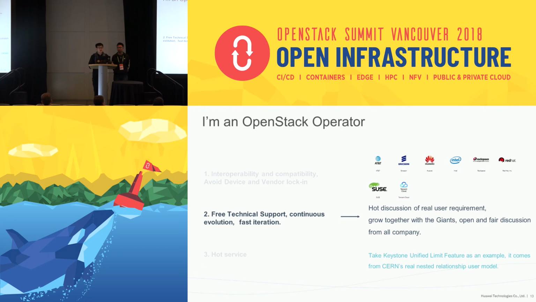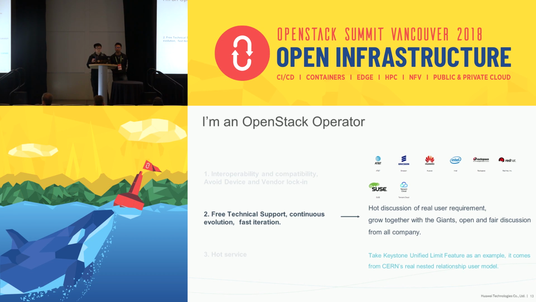Another thing the operator would like is free technical support, continuous evolution, and faster iteration from the OpenStack community. All observed bugs will be fixed promptly by contributors from all over the world. This could save a lot of manpower, and the operator could focus on operating the cloud and making their customers happier.